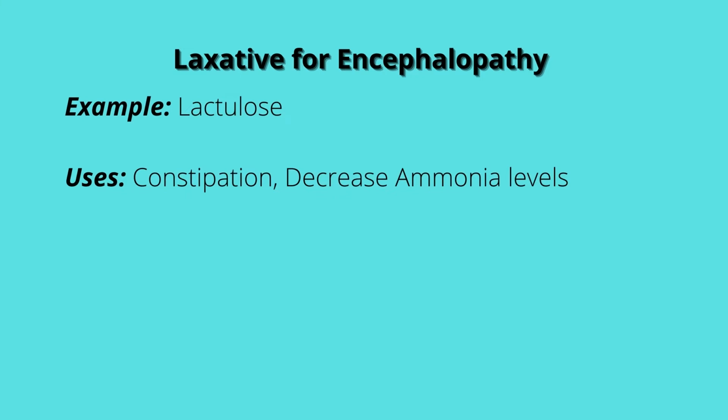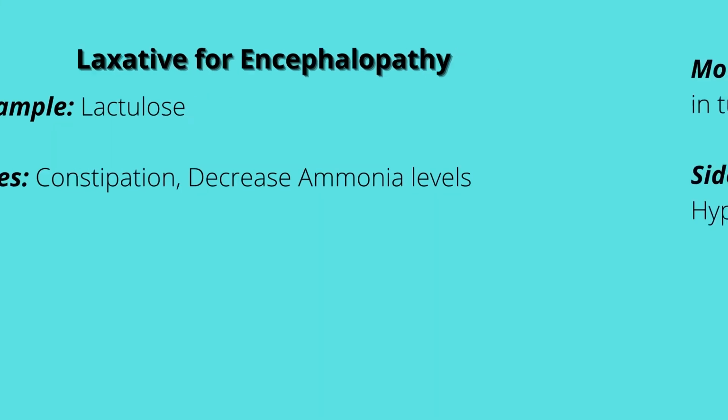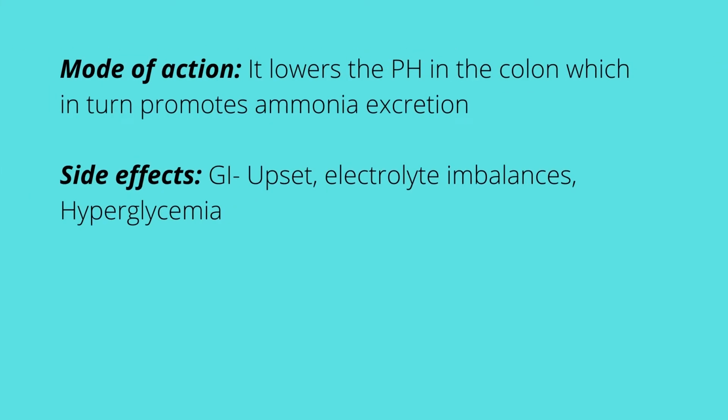It's used to decrease ammonia levels and improve the mental status of patients with hepatic encephalopathy. So its mode of action is it lowers the pH in the colon, which in turn promotes ammonia excretion. Side effects include GI upset, electrolyte imbalance, and hyperglycemia.